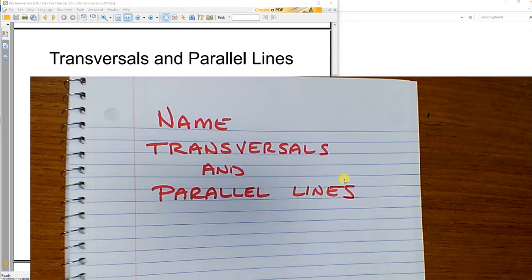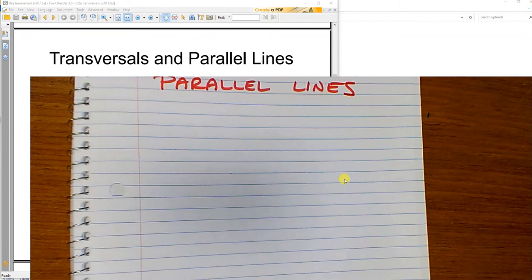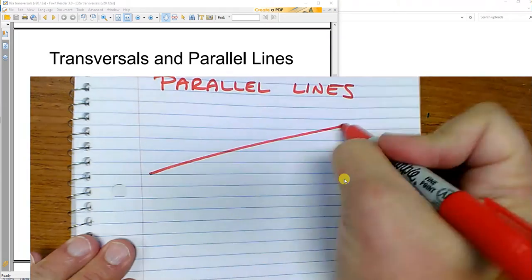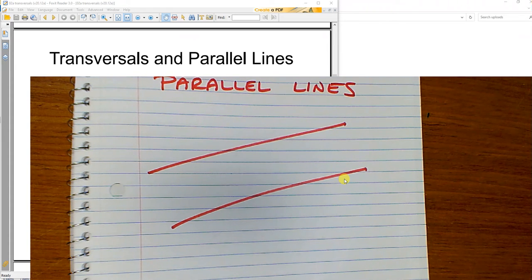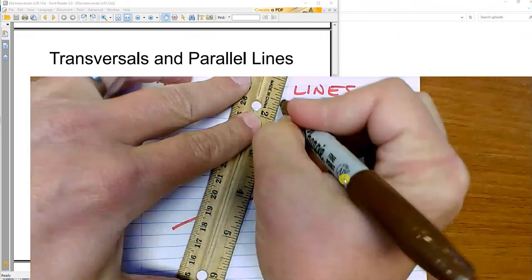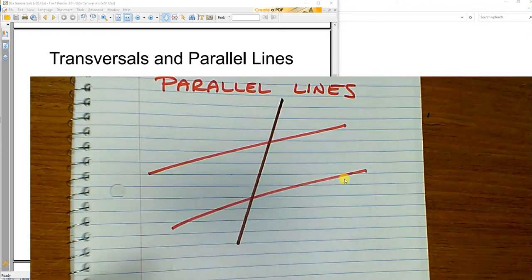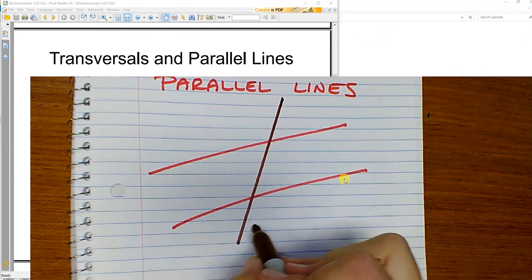Imagine that I have two parallel lines. Actually, I don't think I could have a single parallel line. So there are two parallel lines. I take another line and I cut through them. That cutting line right there is called the transversal.